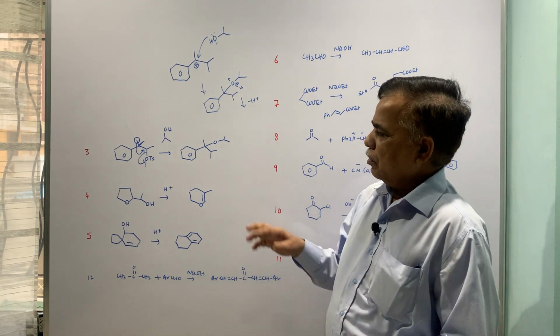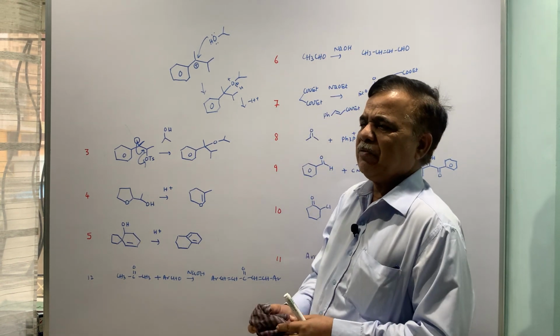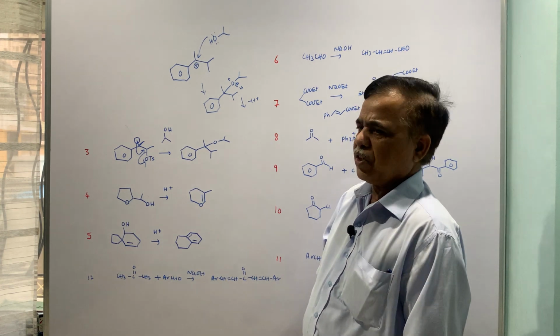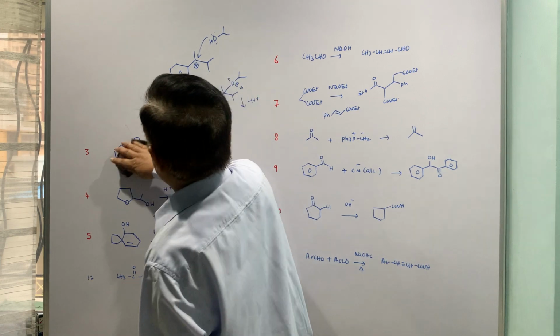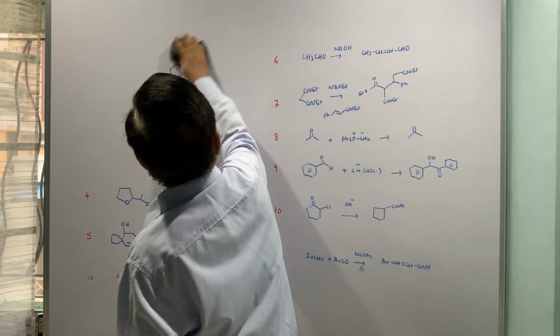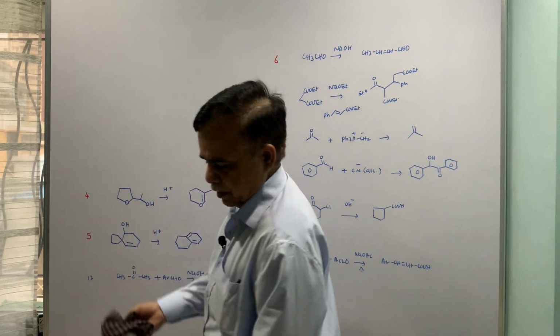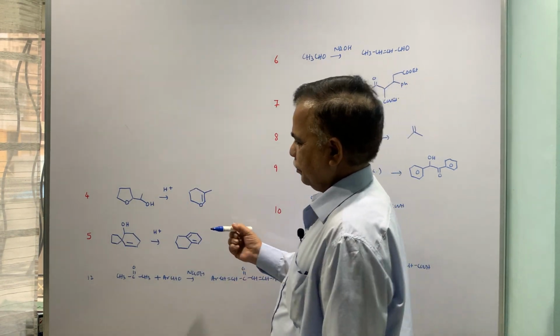So, once again these are small Wagner-Meerwein rearrangements which the structures are permitting, and you get the formation of the rearranged product. So, carbonium ion initiated rearrangements, you can say.